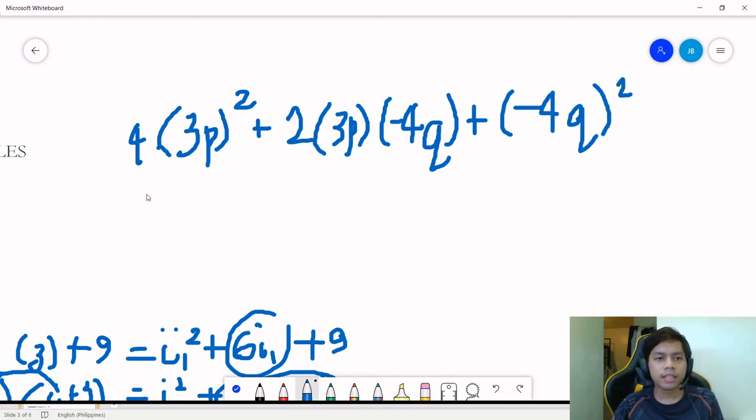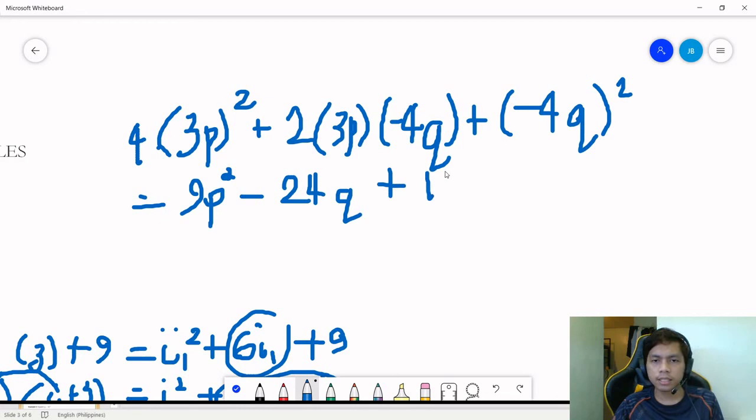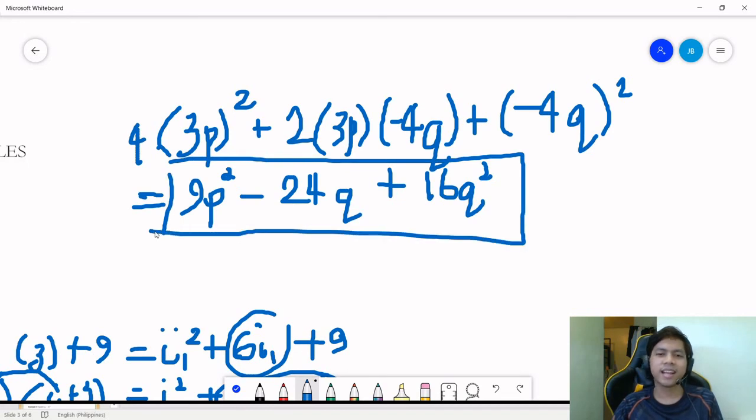Alright. So, that is equal to 9p squared minus 2 times 3, 6 times 4, that's 24q plus 16q squared. So that is your answer.